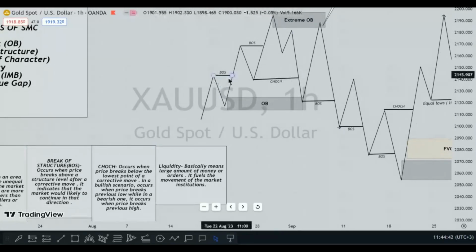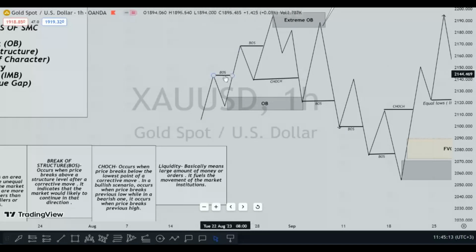When price breaks above a structure level, in this case, price broke above this high, which is a bullish move. So this one will be a high, this one will be another high. Price broke this previous high, forming a new high. Now this one becomes a break of structure.